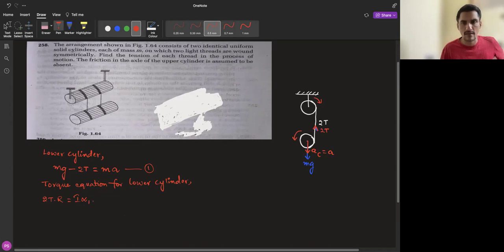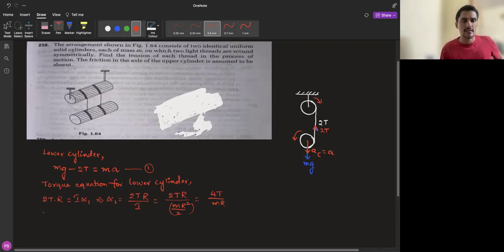From this equation, alpha 1 is 2TR divided by I. What is I here? MR squared by 2, because it is a solid cylinder. Hence we get 4T by MR.